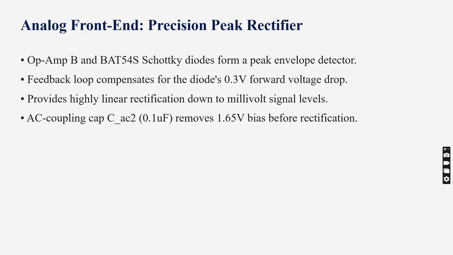The op-amp's feedback loop dynamically compensates for the diode's 0.3 volt forward voltage drop. This active peak detector provides linear AC to DC conversion down to millivolt levels, feeding a clean DC representation of the current amplitude to the microcontroller.